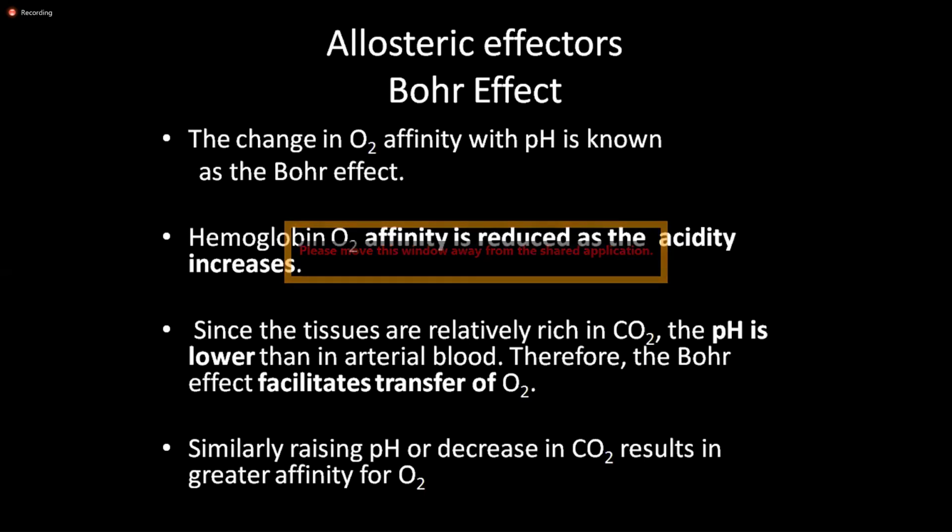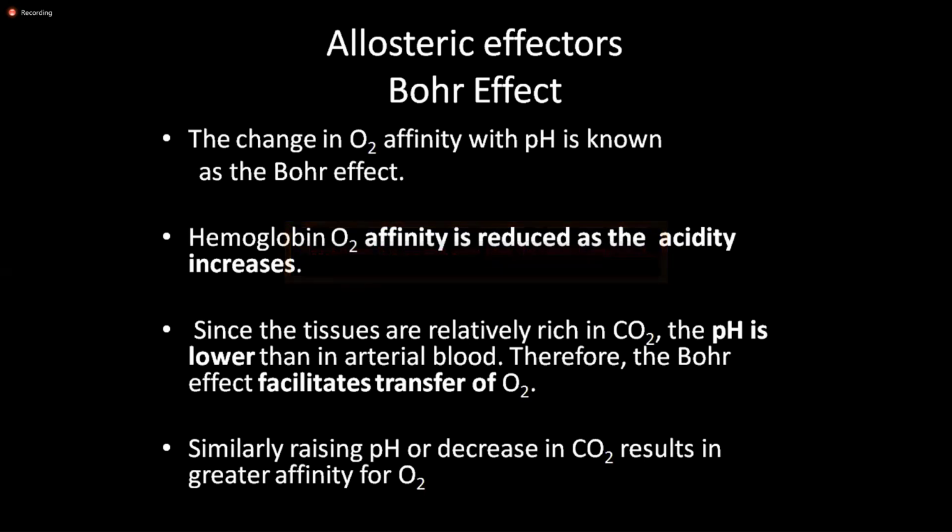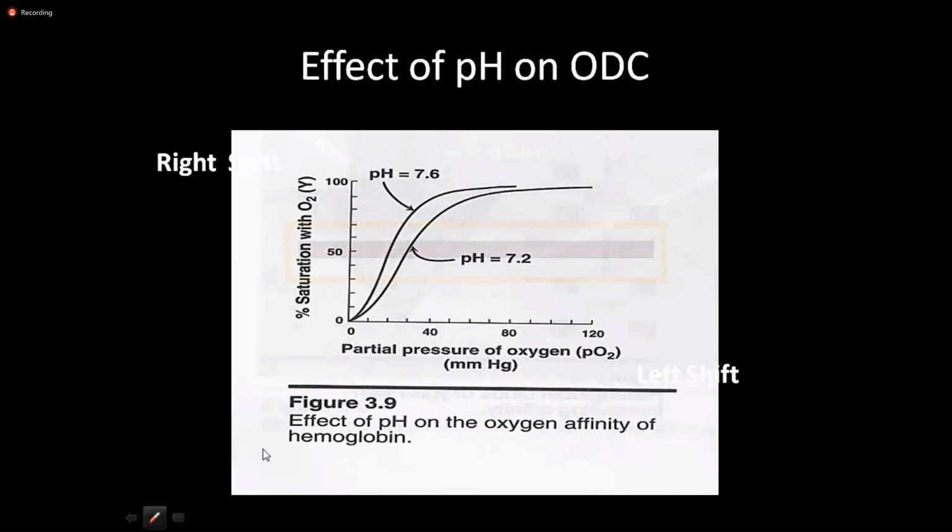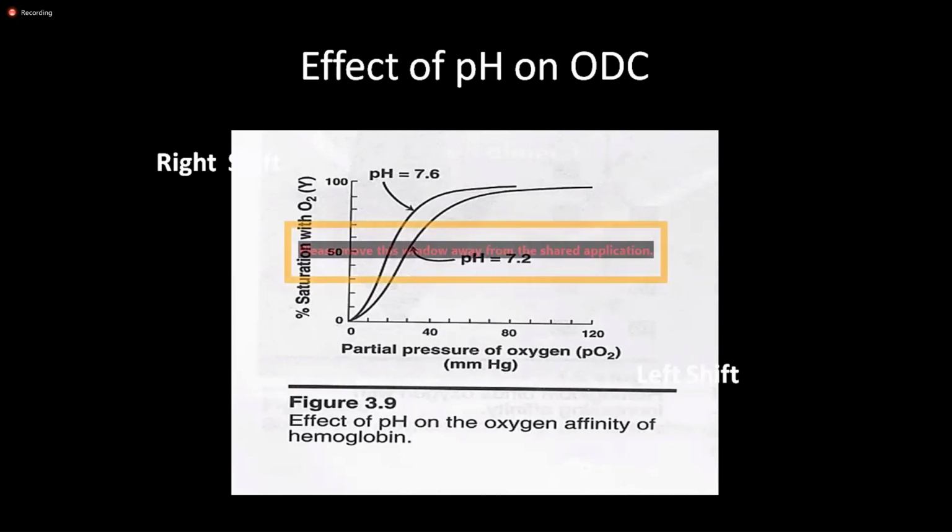Due to this, the oxygen binding affinity is increased in the lungs. So the pH is one of the very important effectors. There is a right shift of the oxygen dissociation curve at low pH, and a left shift at high pH.